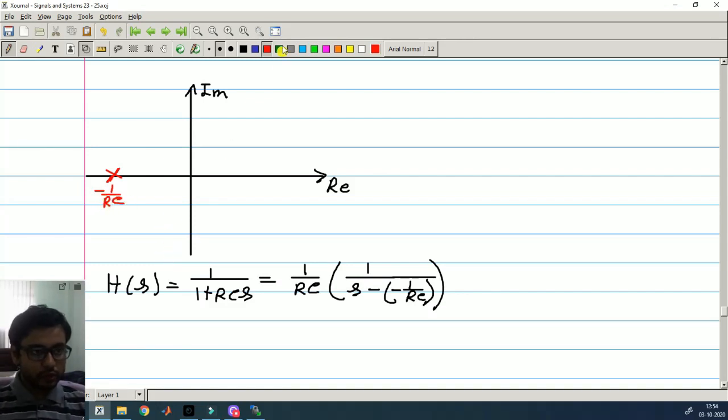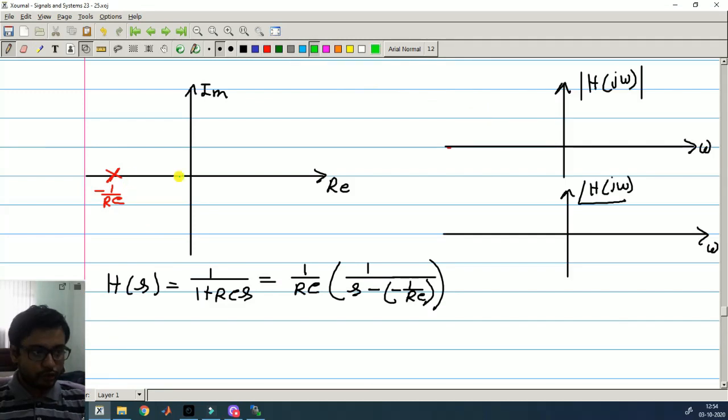Now for different values of ω along this axis, we will draw vectors like this, starting from this pole to a desired ω value.